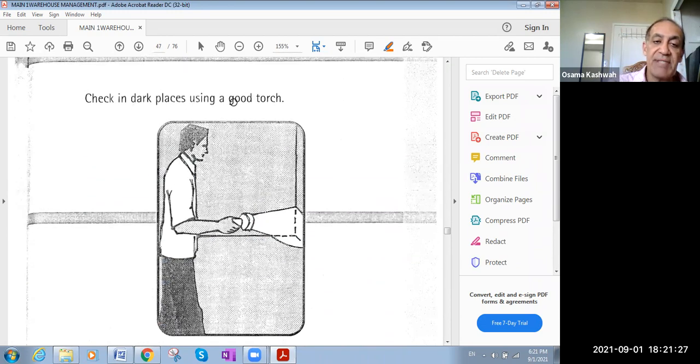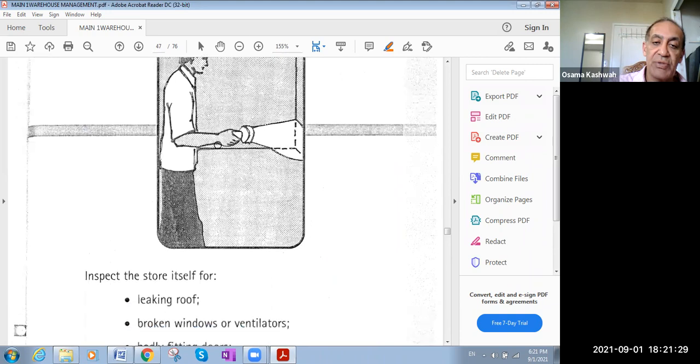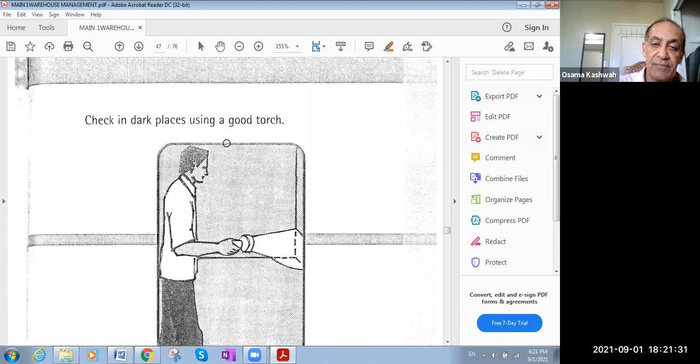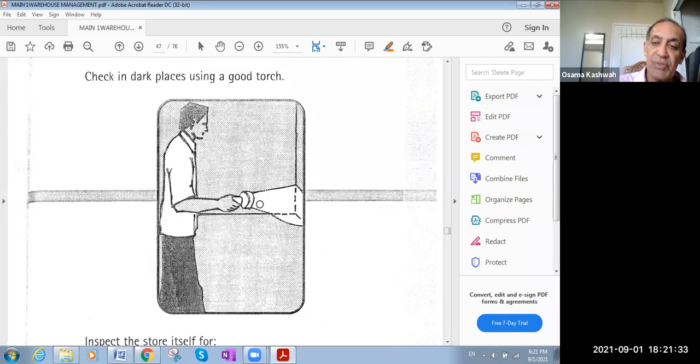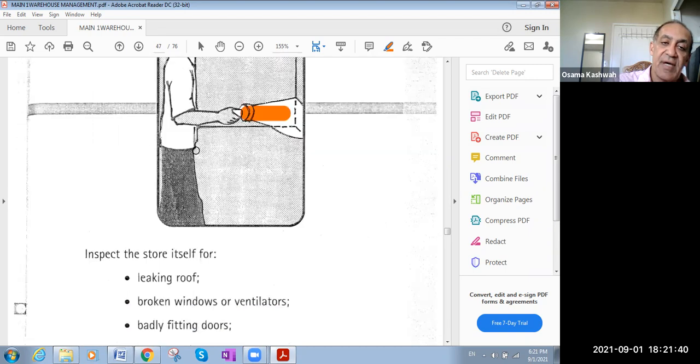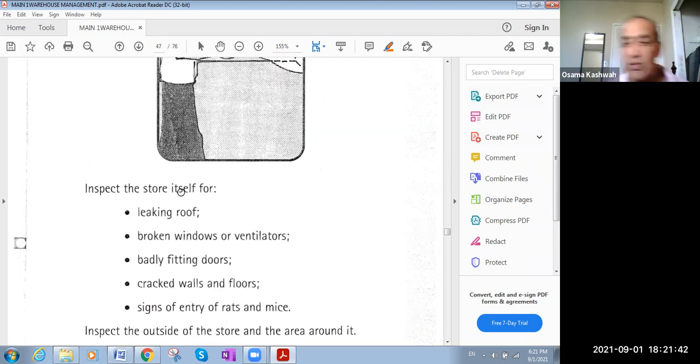Check the dark places using a good torch, an electric light or flashlight, to check everywhere, especially the dark places, because insects always live in the dark places.